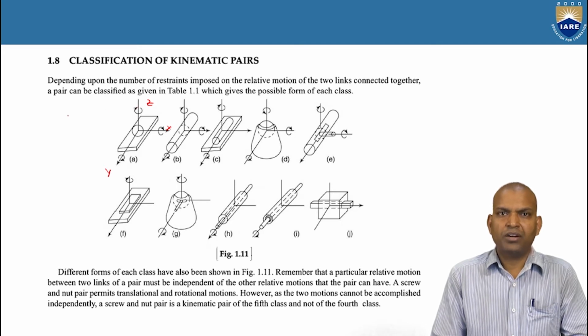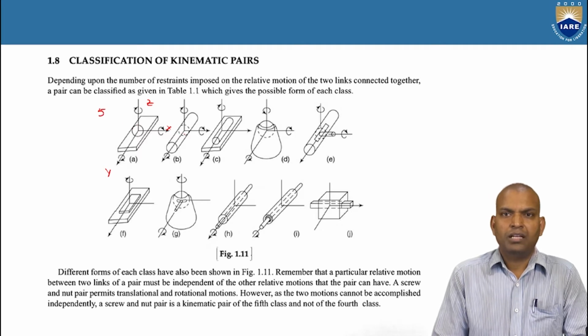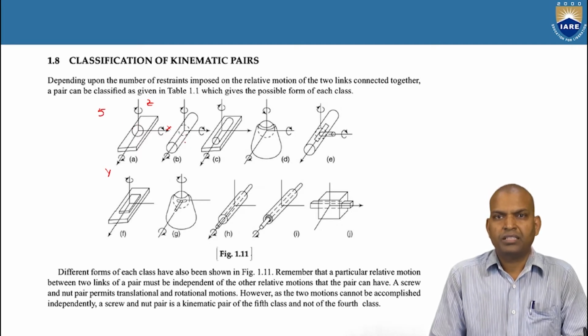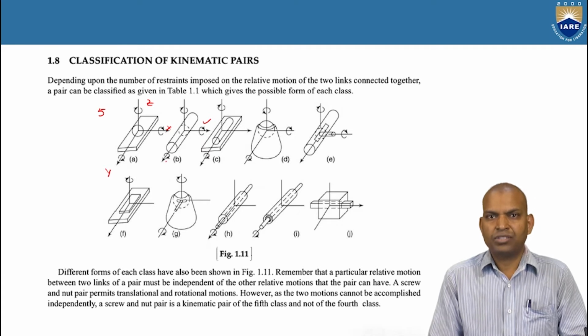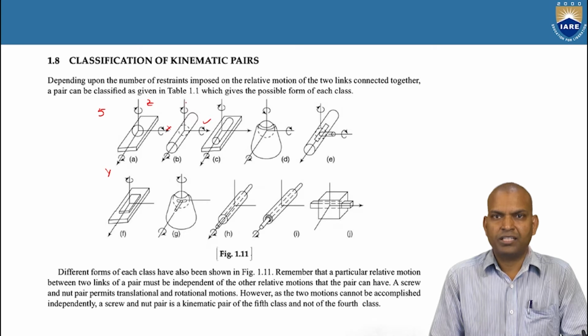That means the number of degrees of freedom for figure A is 5. Coming to figure B, what is the degree of freedom? Yes, along axis X there is both translation and rotation, and along axis Y also both translation and rotation. Along axis Z there is no translation, only rotation.